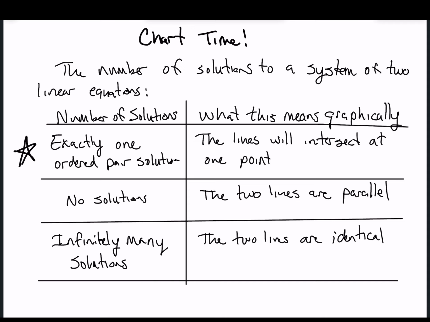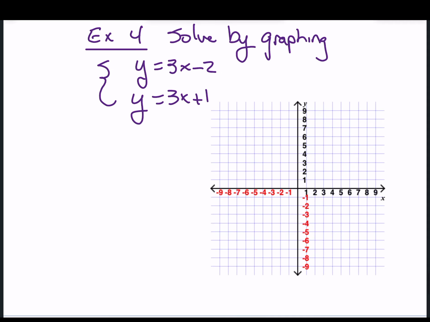Okay, let's try and do example 4. We want to solve by graphing the system where y equals 3x minus 2 and y equals 3x plus 1 are our equations. Okay, so we'll first graph y equals 3x minus 2 in green.